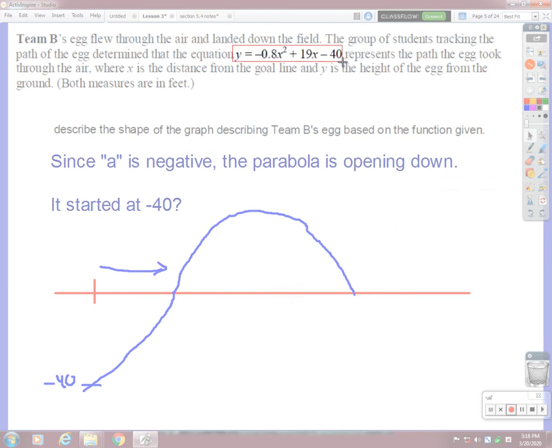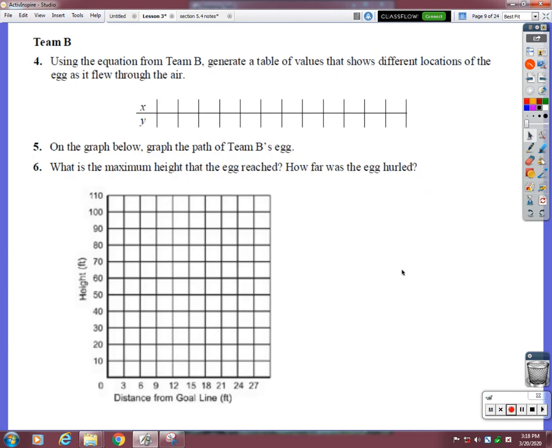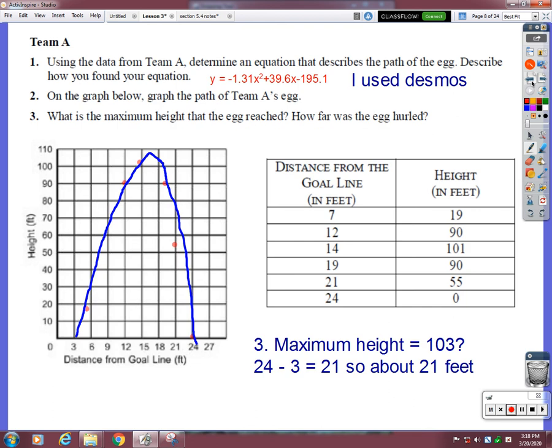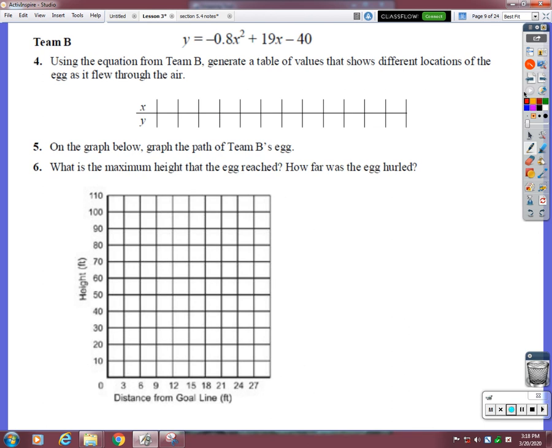And then what we would do there is pick some different x values to plug into that equation and see what we would get for y values. If I go back to here, they went 7 through 24. If I look ahead at this one, it looks like we want to go up to about 27, and they're going by 3. So let's just do that.